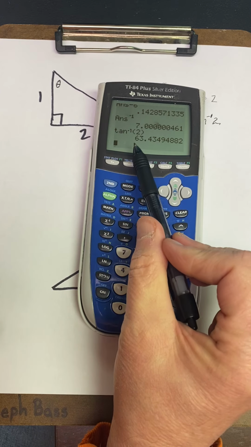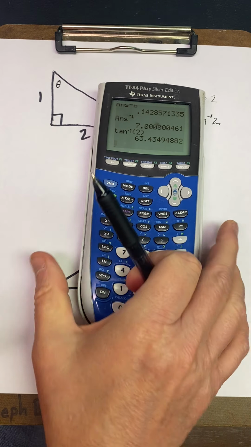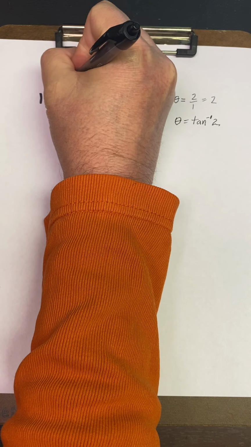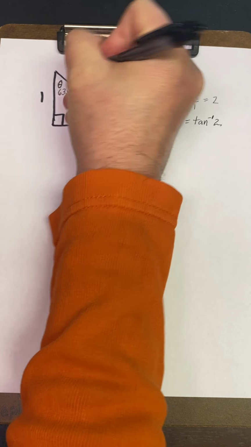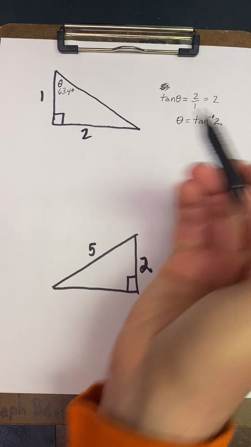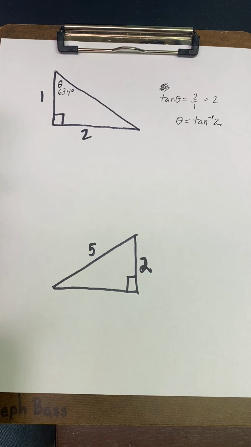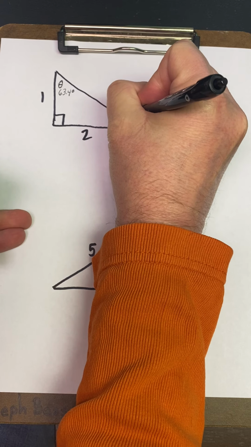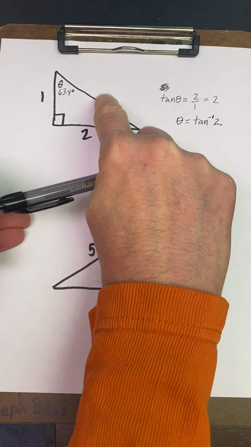So theta is, let's just round to one decimal place, 63.4 degrees. Now, I can find this other angle. I know it has to be 90 minus 63.4, 26.6. This angle is 26.6.